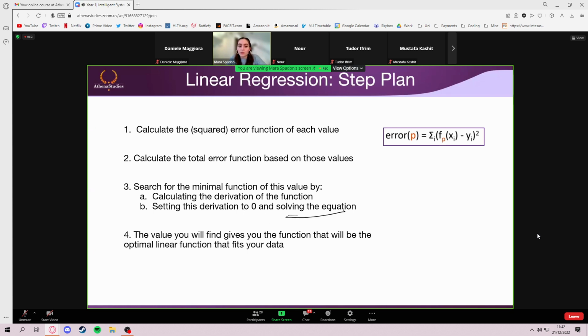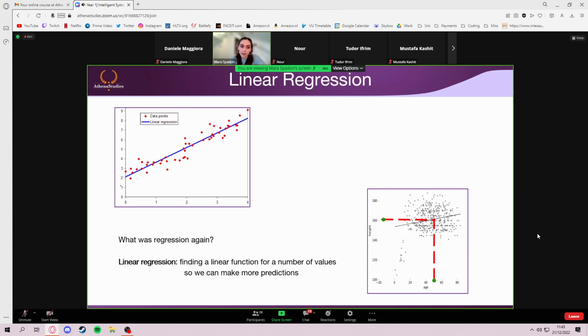And once you solve this equation, you will find a value that gives you the function that will be optimal, a linear function that fits your data. I'm sorry, so here we're not separating 2 classes. We're looking at the data points and trying to fit a line that fits the data the best.